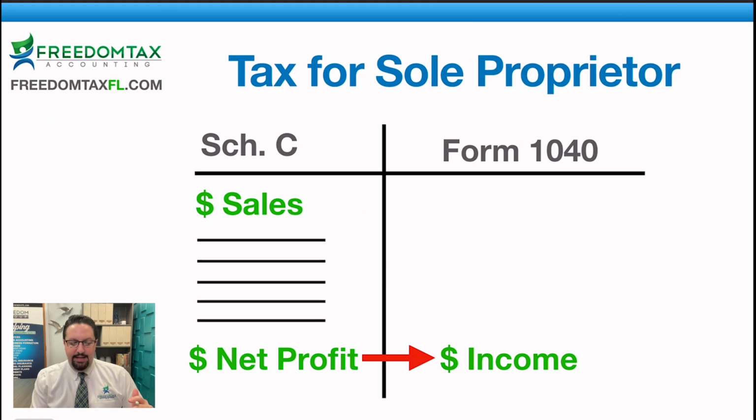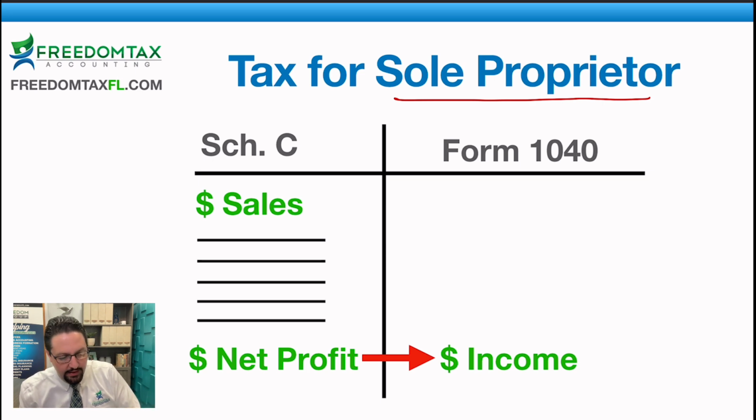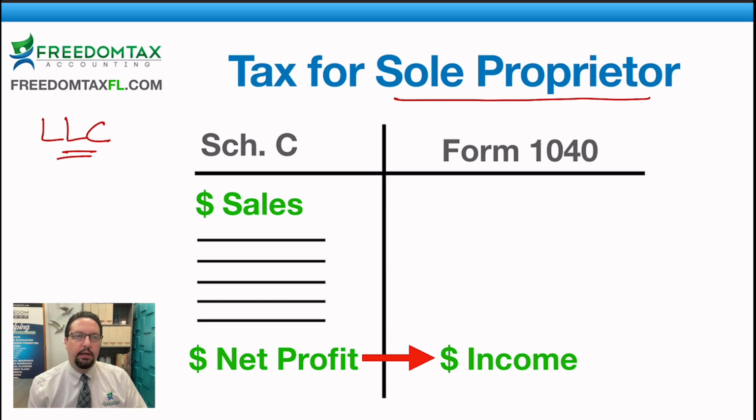Okay? Now, how do most realtors pay taxes, or what taxes do real estate agents pay? Once again, most real estate agents start working as a sole proprietor, but this way of paying taxes also applies if you are a real estate agent working under an LLC. Why?